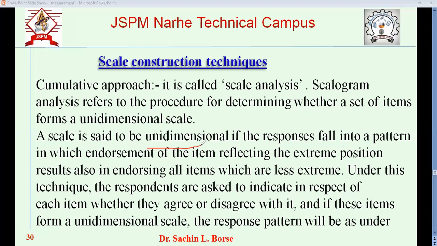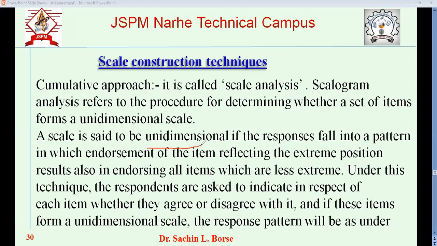So what we do is we create the statements and tell the respondent to say yes or no, agree or disagree. Now, if it is unidimensional, then the pattern will be like this.